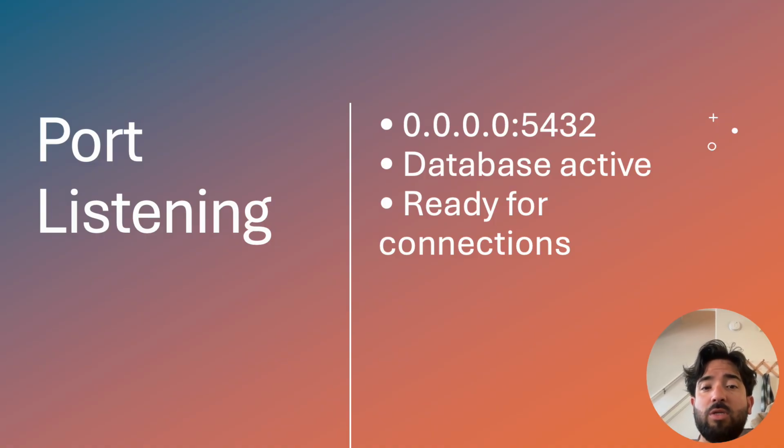This allows other systems on the network, such as the Kali machine, to connect to the database. This step is very important because if PostgreSQL is only listening on localhost, then external scans like Nmap will not be able to detect it. So, confirming this ensures that the database is properly configured and ready to be scanned from another machine.